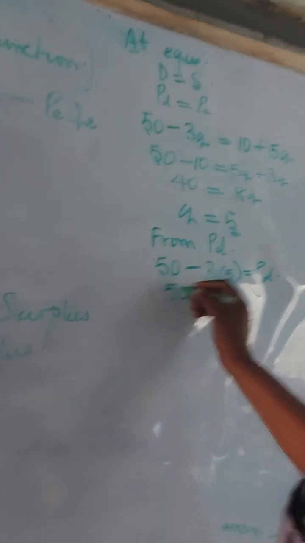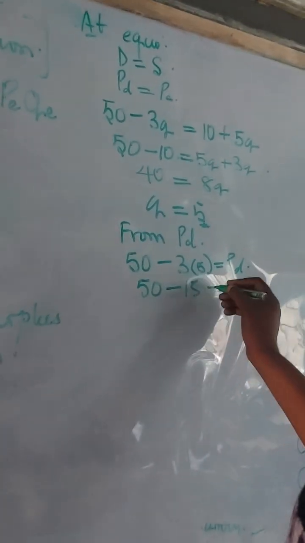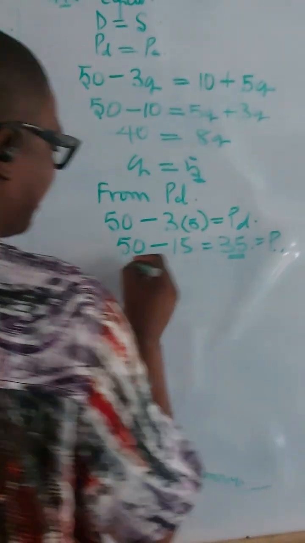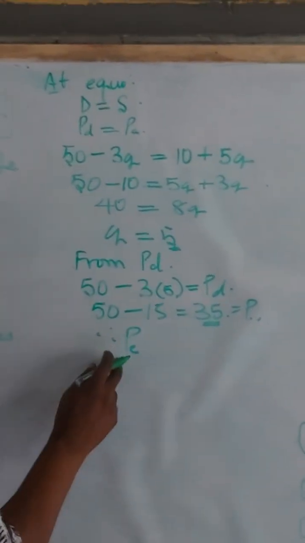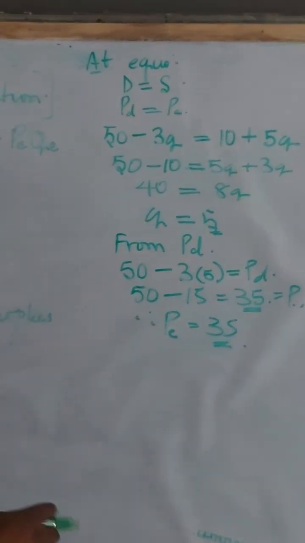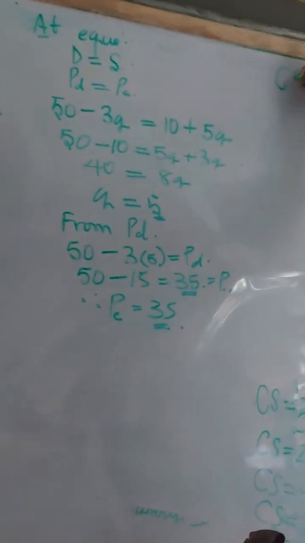That is 50 minus 15, which is 35. So our P is 35. So therefore our PE is 35. Okay?